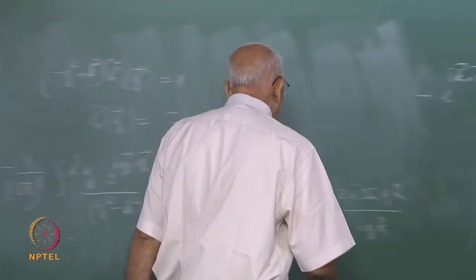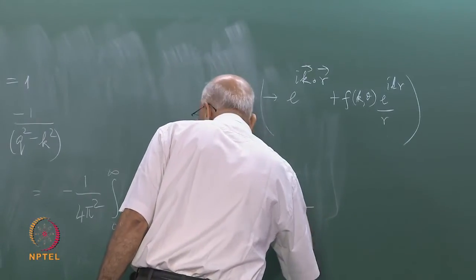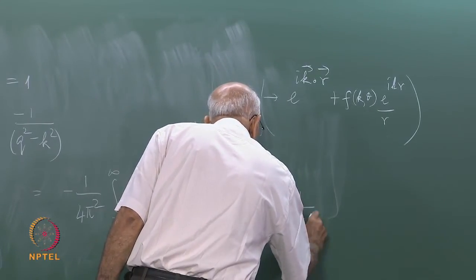So this gives me minus 1 over 2 pi squared r.